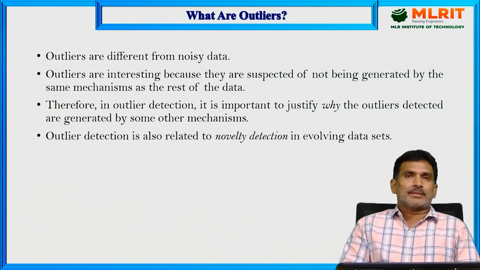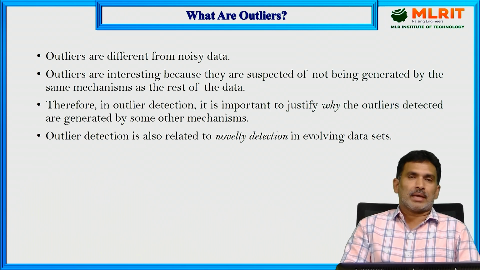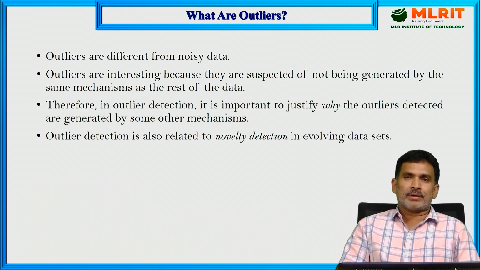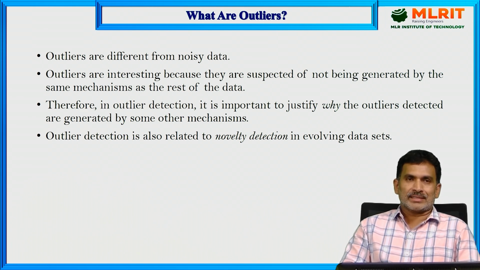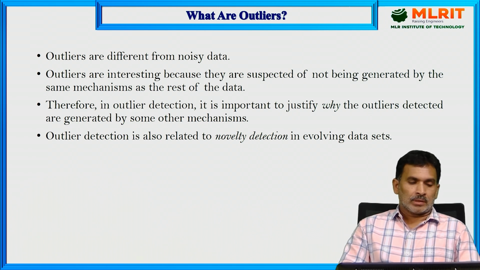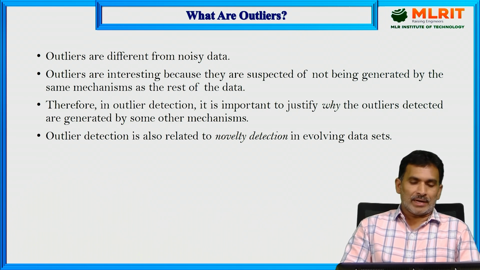So outliers are interesting because they are suspected of not being generated by the same mechanism as the rest of the data. Therefore, in outlier detection, it is important to justify why the detected outliers are generated by some other mechanism. Outlier detection is also related to novelty detection.